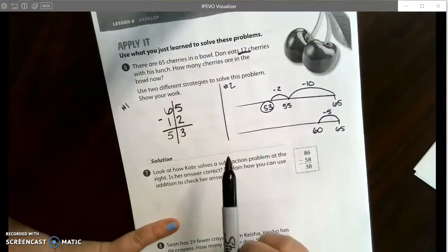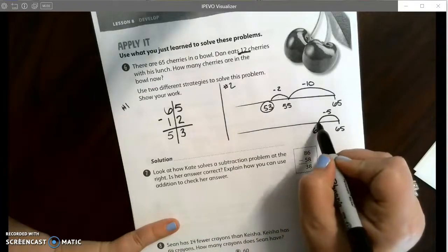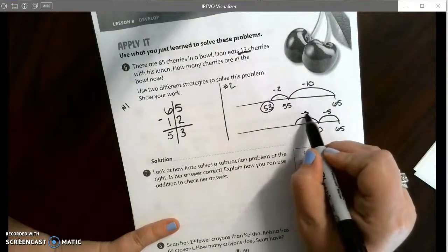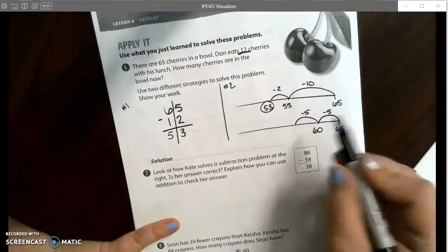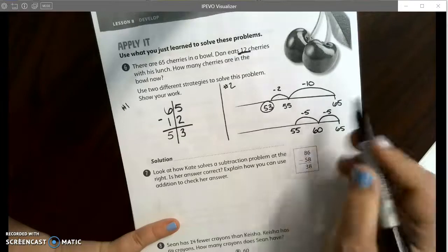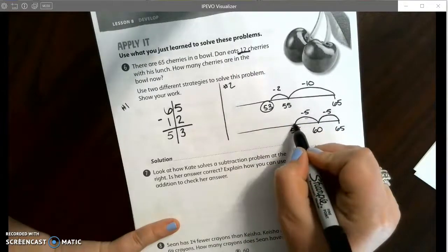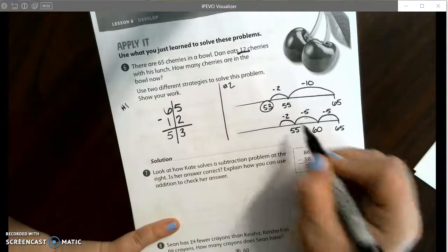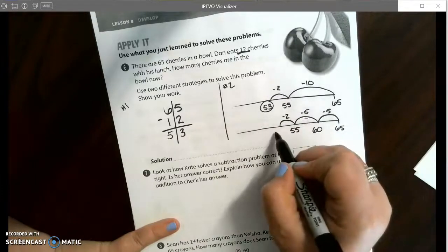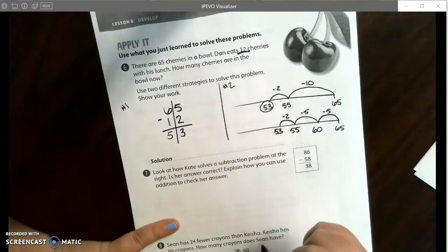How many more do I have to go back now? Well, I can go back another 5. So 65 minus 5 is 55. I've gone back a total of 10. I need to go back 12. So now I can go back 2. 55 minus 2 is 53. Okay.